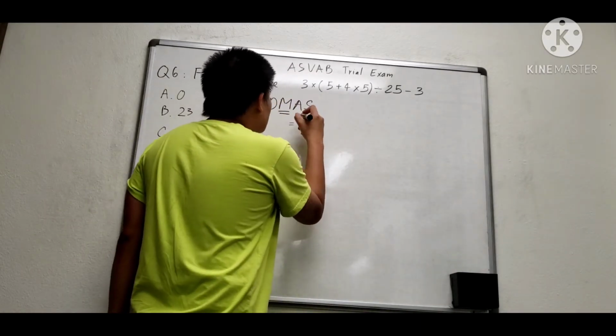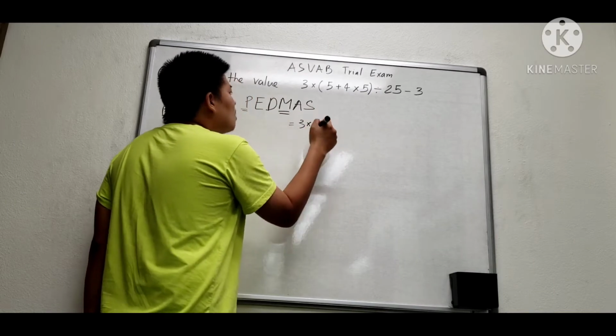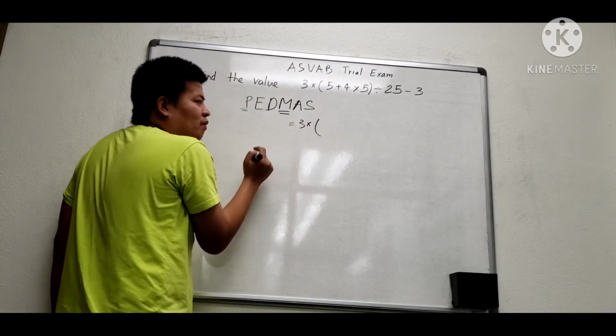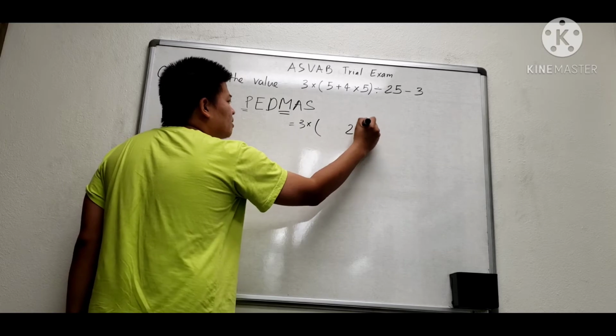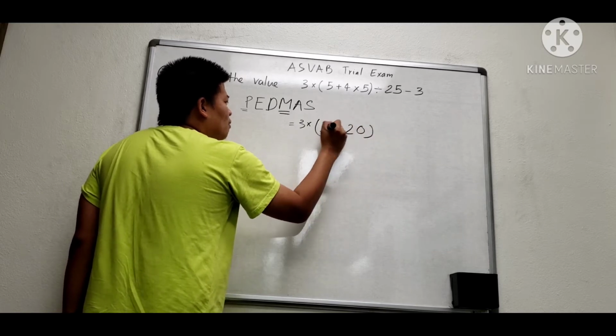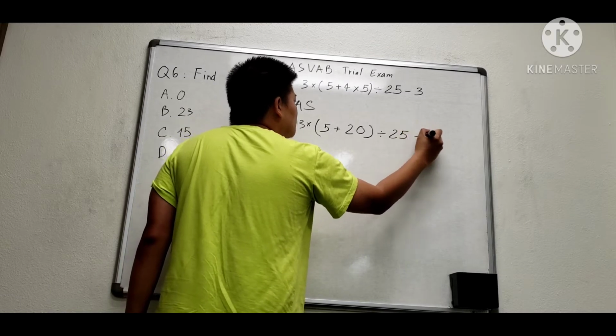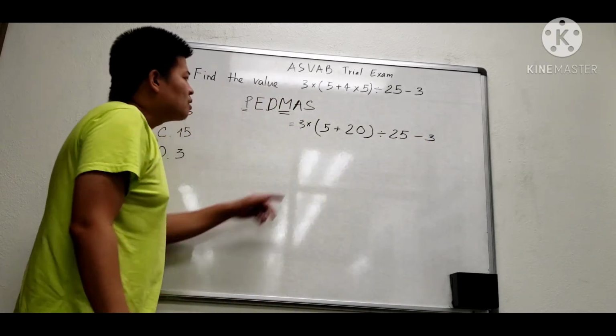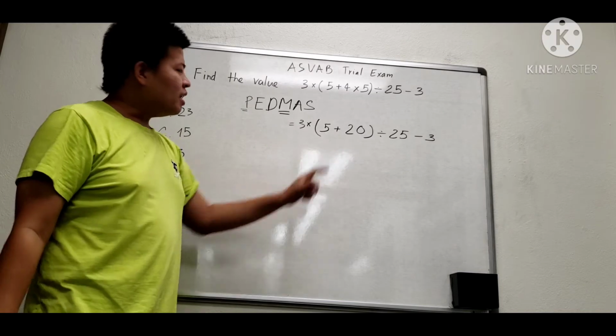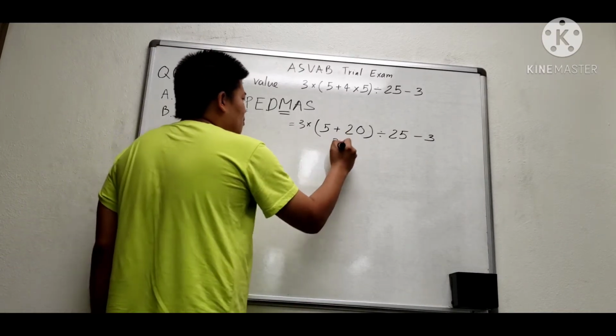So 4 multiplied by 5 is 20, and you have 5 here. So we have 5 and 20, you have 25.